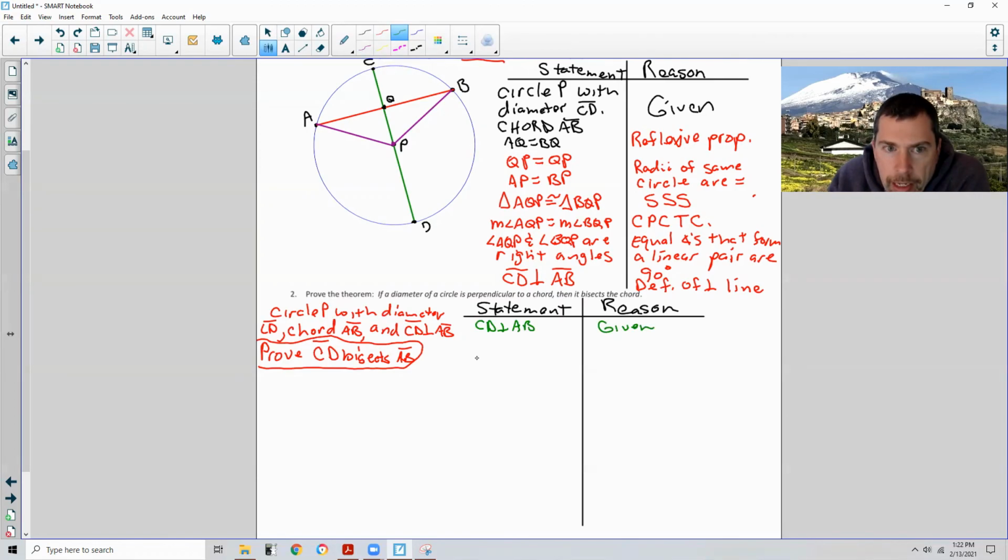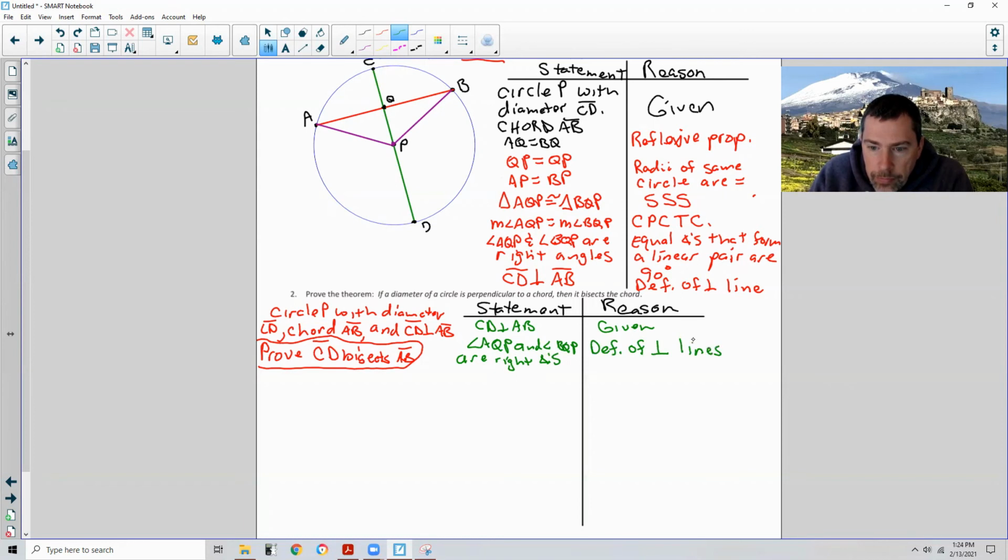Knowing that these are perpendicular, I can say angle AQP and angle BQP are right angles, because CD is perpendicular to AB, by the definition of perpendicular lines. That just states that that's 90 and that's 90.